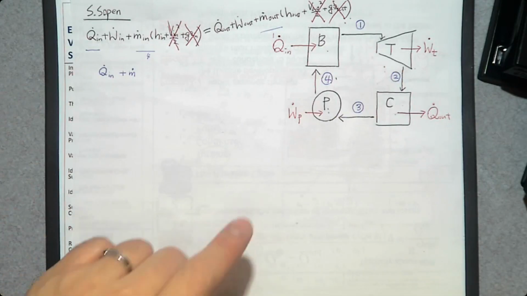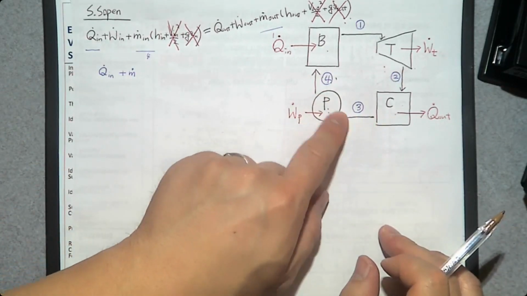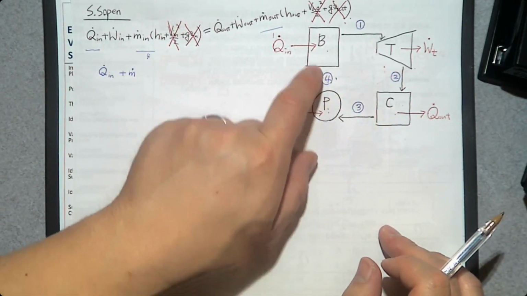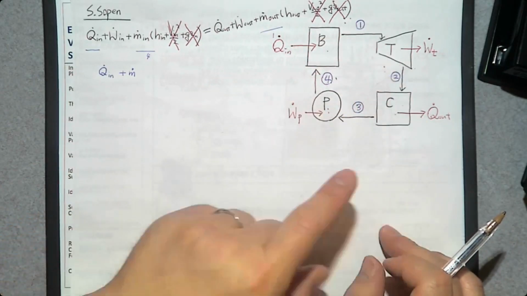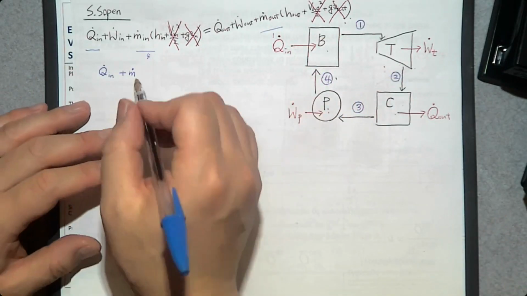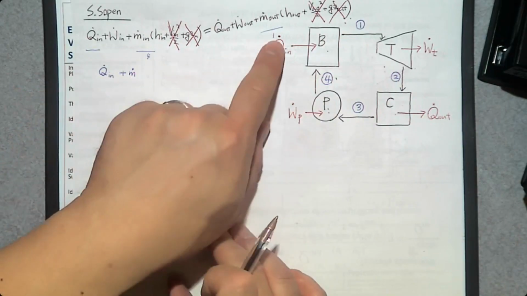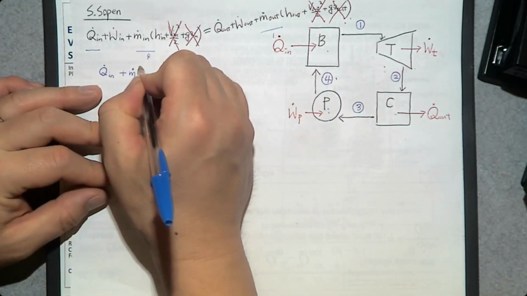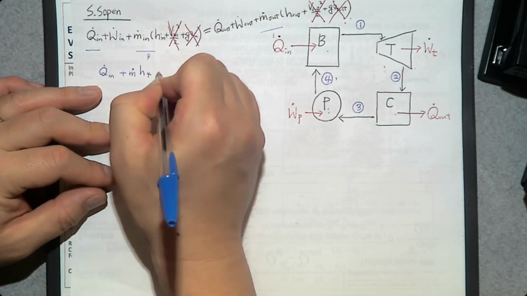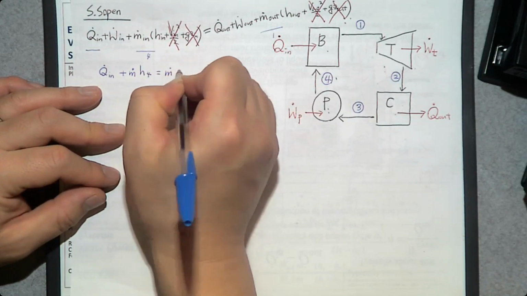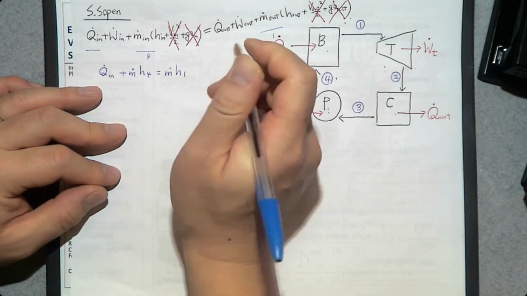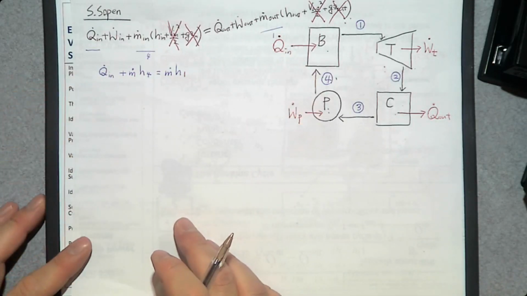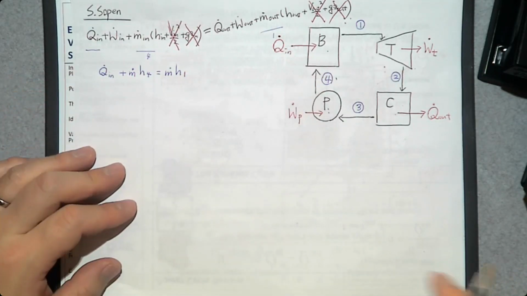By the way, there is only one inlet and one exit at each component. Therefore, the m dot is going to be constant, so m dot number 4 and m dot number 1 are just m dot. So Q dot in plus m dot H4 is m dot H1. So this is the energy balance equation for this boiler.